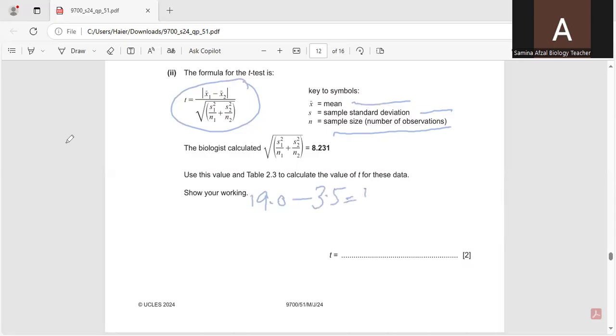So the difference is 15.5. So the t-test is equal to 15.5 over, they have given this value, 8.231.